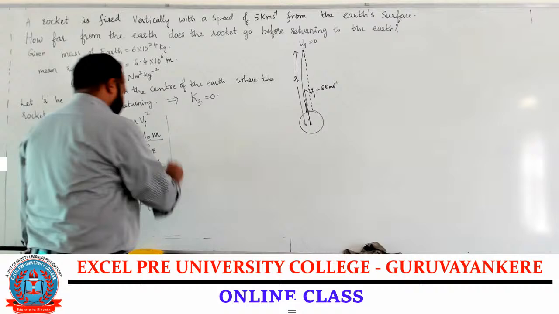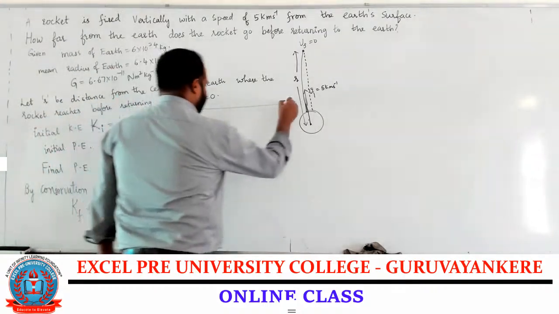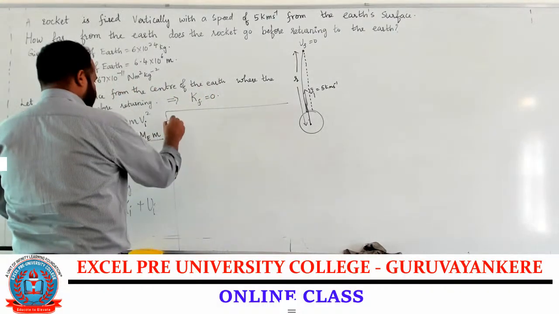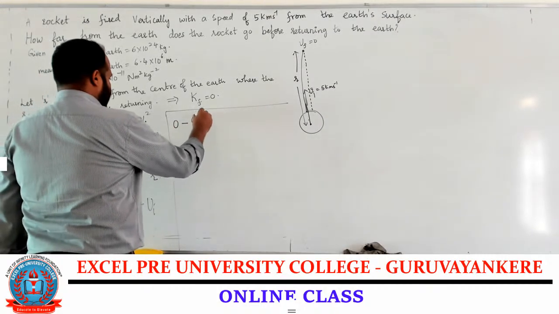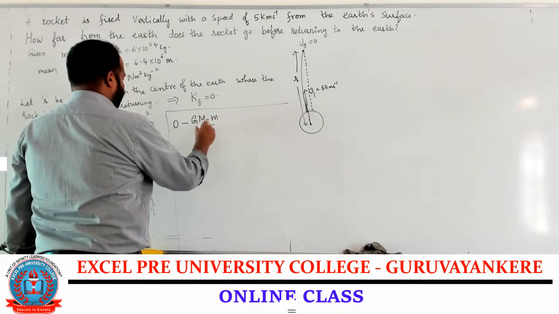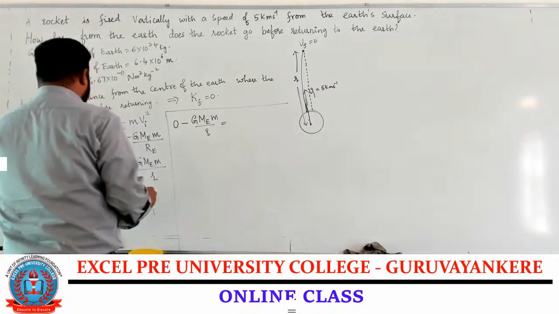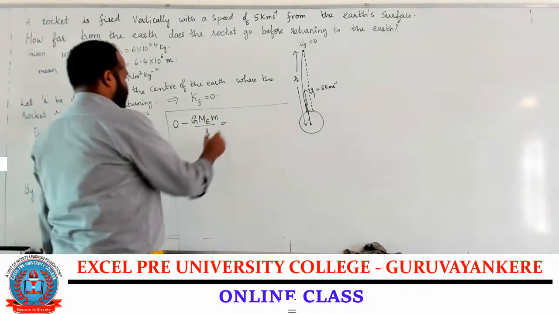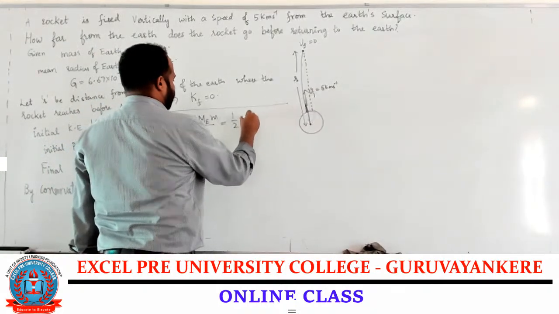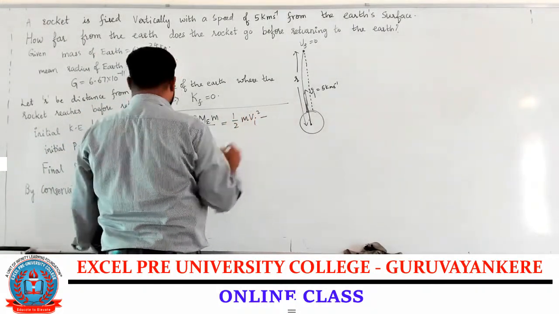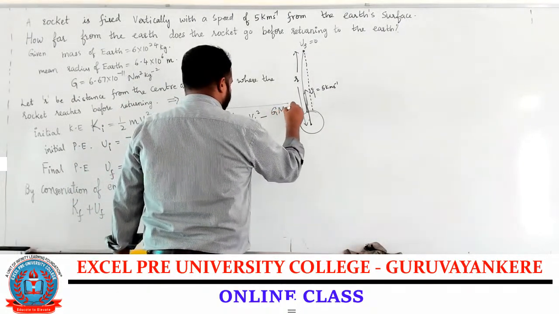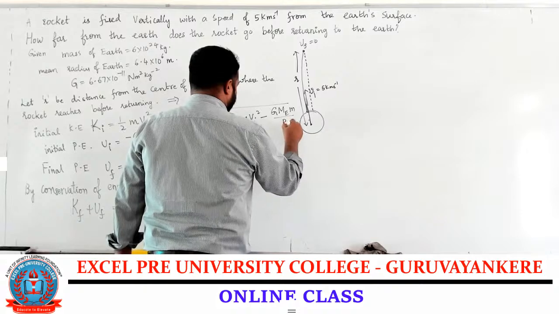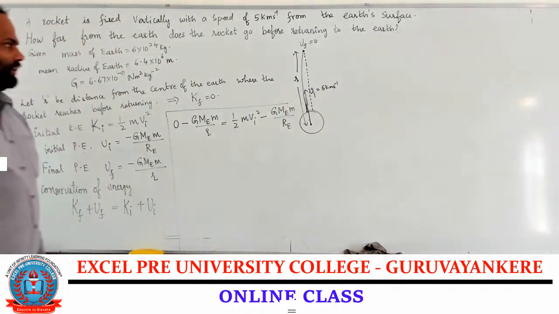So final kinetic energy is 0, final potential energy minus GMem by r is equal to initial kinetic energy half m Vi square minus initial potential energy GMem by Re. This is what we are going to get.